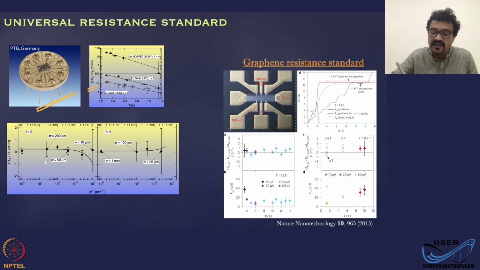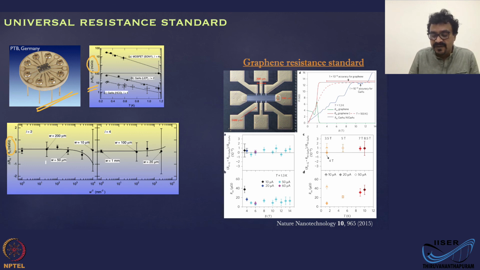Those are in nano ohms, that is, the 9th place after the decimal. If you read the axis carefully, these are all variations that have been measured over various systems. This is not even like 1 nano ohm. This full scale here is like 3 or 4 nano ohms.